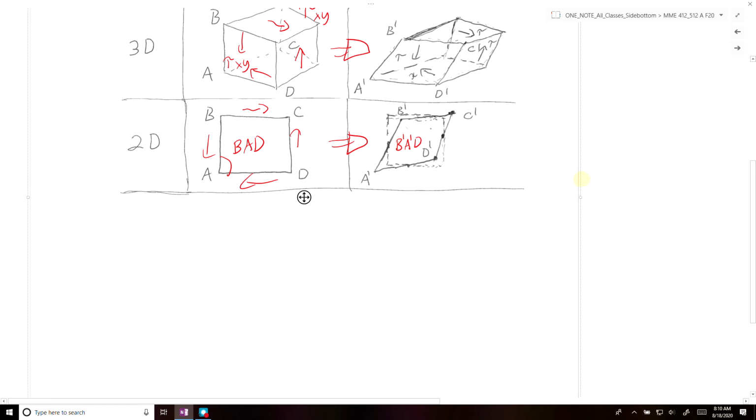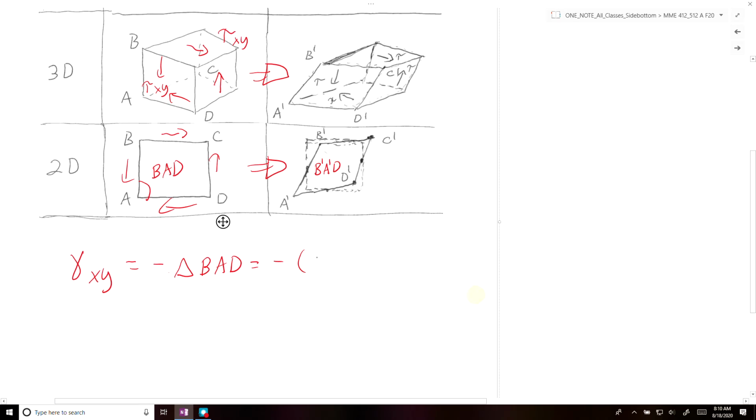Okay, so we can say that gamma xy, which is our shear strain, is going to be equal to the negative of that change in the angle BAD. The change in the angle is going to be the final angle minus the original angle, so it'll be angle B prime A prime D prime minus angle BAD.